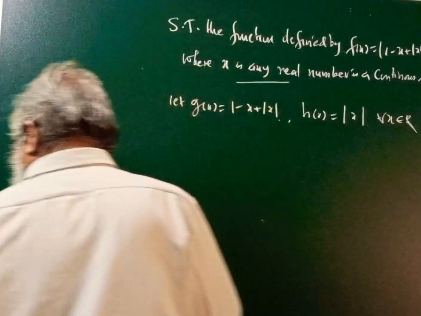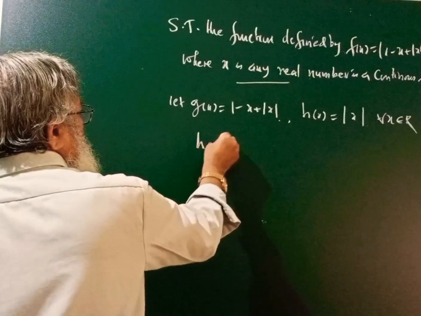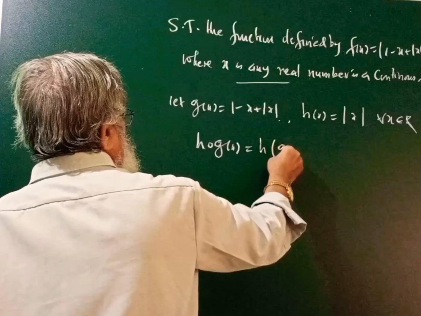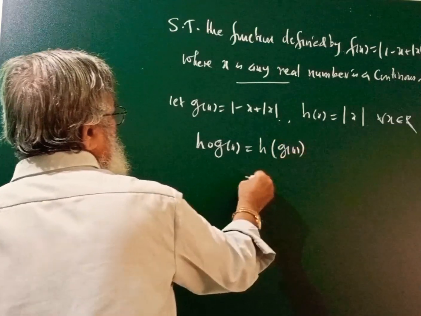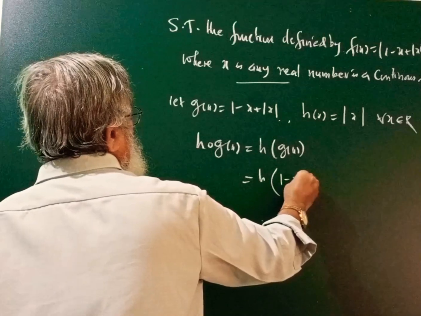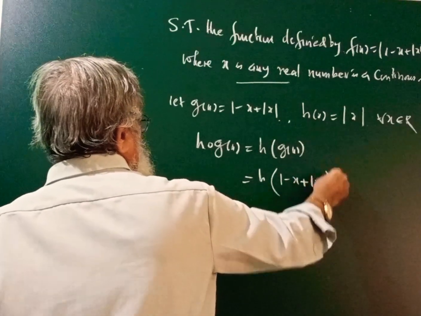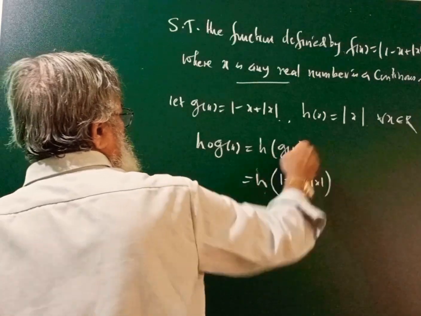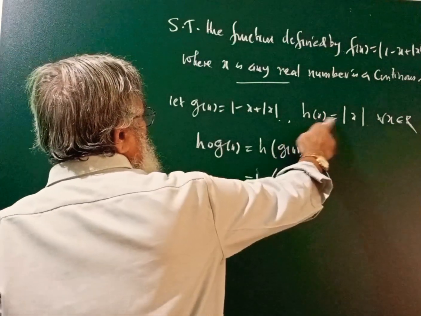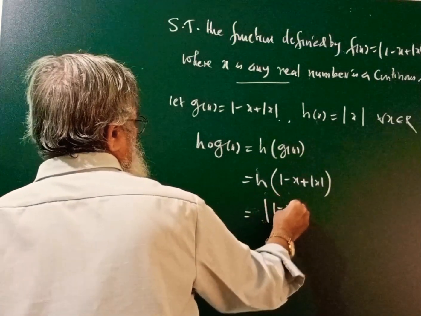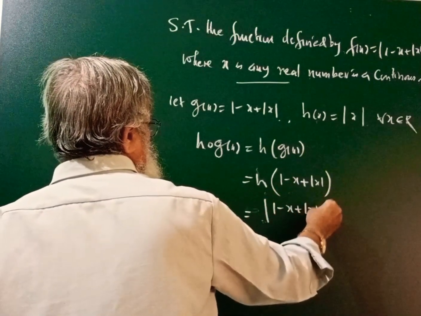Now let us find the composition, h of g of x, which is given by h applied to 1 minus x plus mod x. To apply h on that, whatever is there, we have to take mod of that. That is mod of 1 minus x plus mod x.